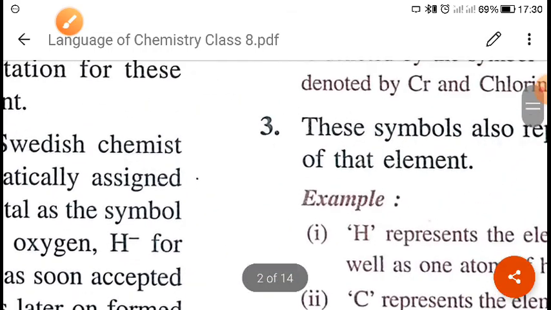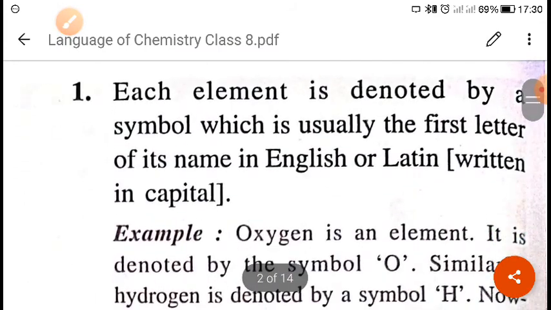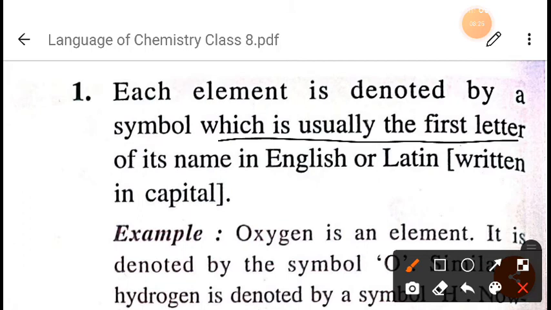Now next, we will see one by one with examples. First, each element is denoted by a symbol, right? That was usually the first letter of the name in English or in Latin.